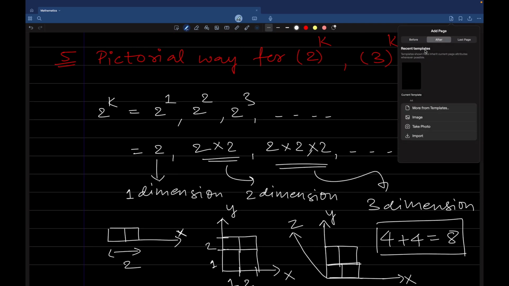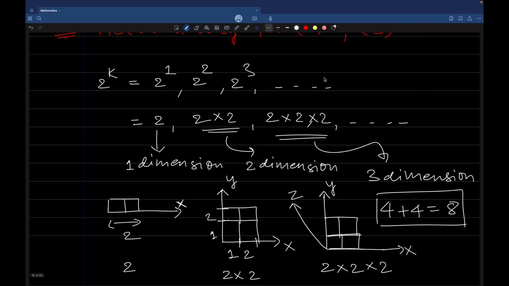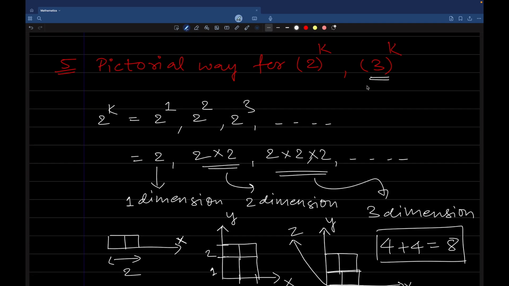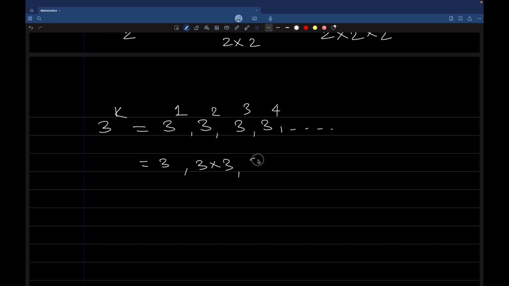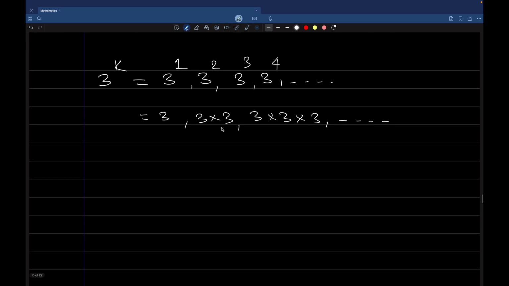Now let us visualize powers of 3, that is 3 raised to k: 3 raised to 1, 3 raised to 2, 3 raised to 3, 3 raised to 4, and so on. That is 3, 3 into 3, 3 into 3 into 3, and so on.